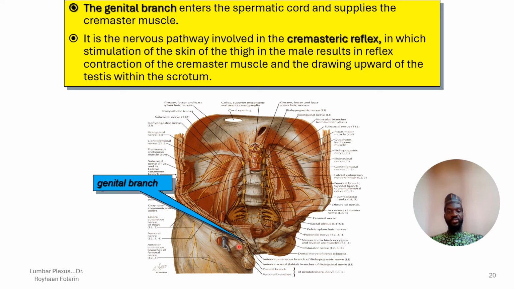So whenever this branch is severed, paralyzed, or damaged, such an individual will not be able to effect the cremasteric reflex, in which stimulation of the skin of the thigh results in a reflex contraction of the cremaster muscle.